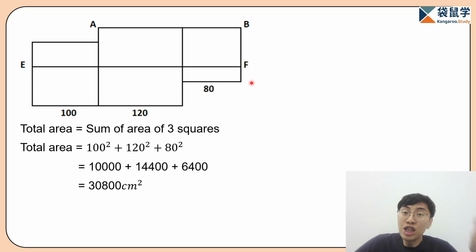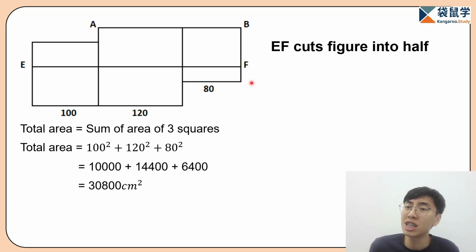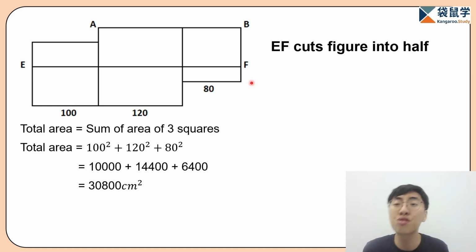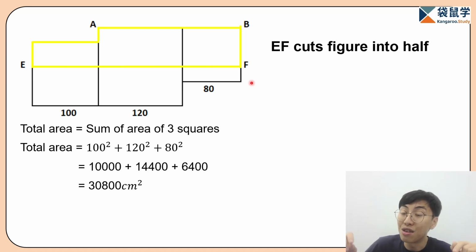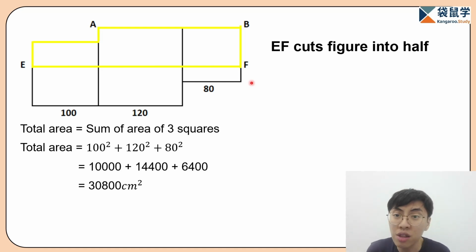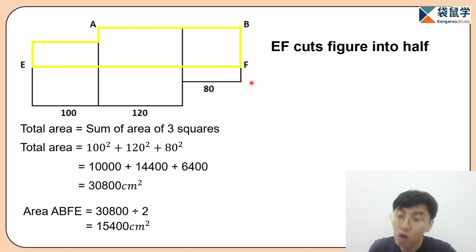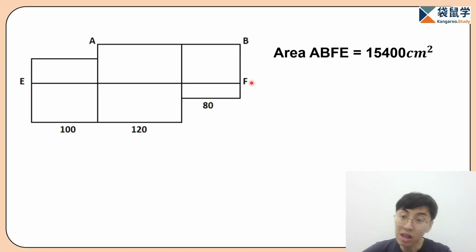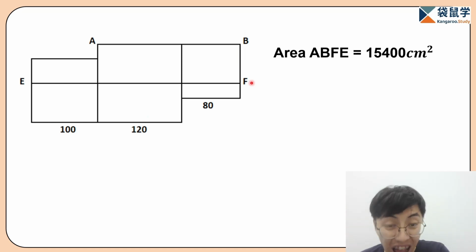Since we know it is half of the total area, half of it is just 30800 divided by 2 to get 15400. So that area on top, the yellow region, is just half of it, 15400.